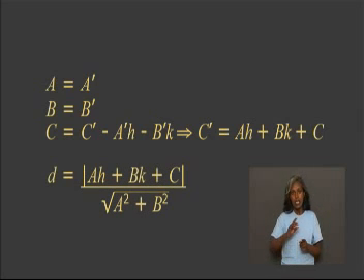The distance from a point at (h, k) to line L is given by the absolute value of (Ah plus Bk plus C) over the square root of A squared plus B squared.